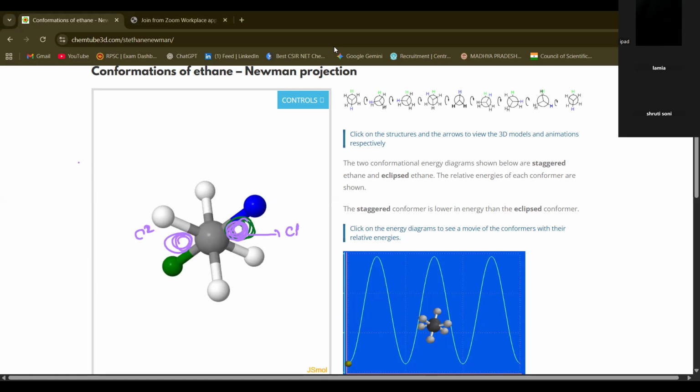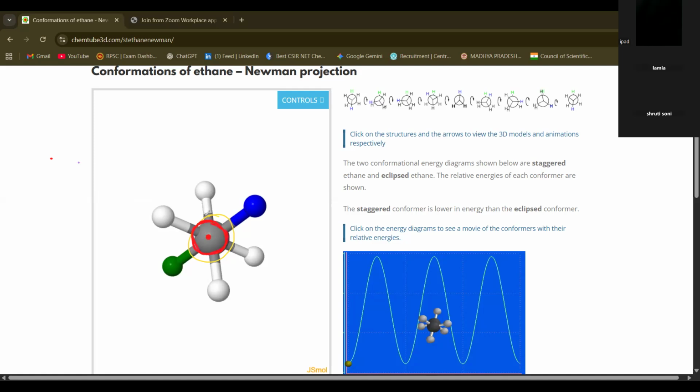How many carbons are you able to see in this case? Just this one, right? So we represent the first carbon with a dot only, and the backside carbon we will represent with a whole sphere.